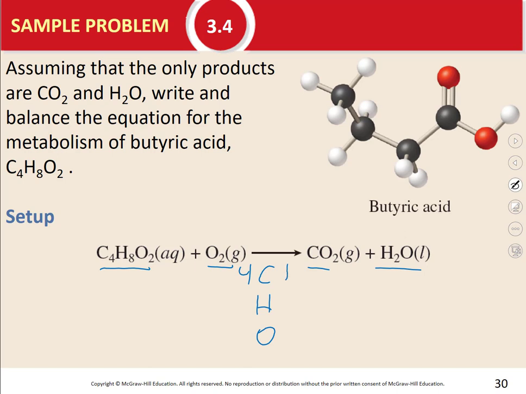How many hydrogens did we start with? 8. How many did we end with? 2. How many oxygens did we start with? 4. How many did we end with? 3. Good. Now you guys try on your own to come up with coefficients that will solve that problem.